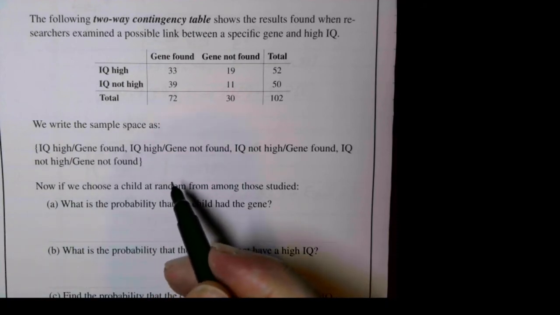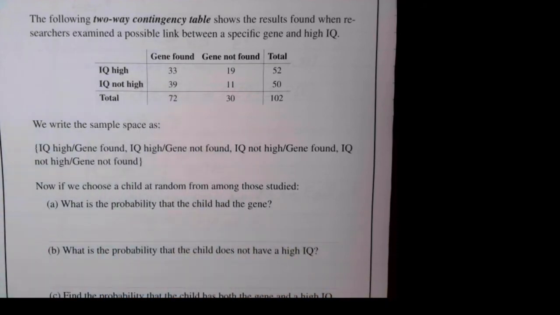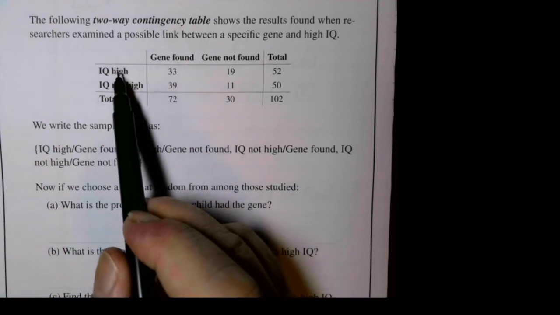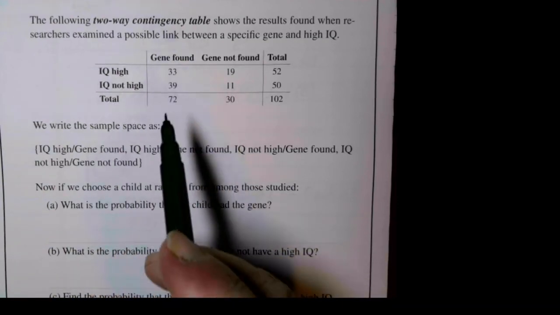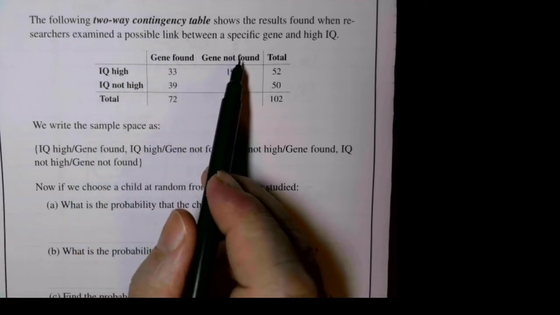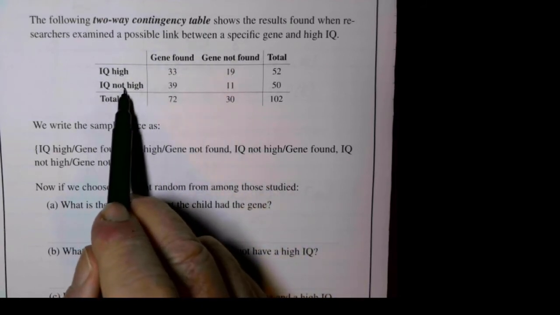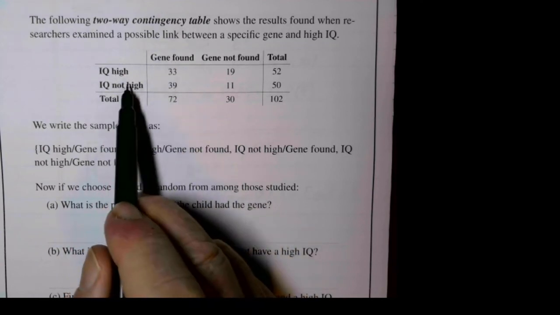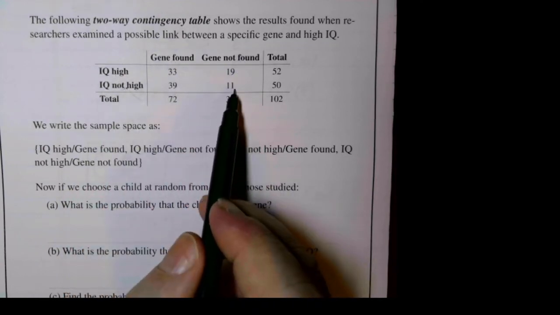First thing is, what is the sample space of this experiment? Well, the sample space contains all the possible outcomes. The possible outcomes are the child had a high IQ and the gene. The child had a high IQ but didn't have the gene. That's 2. The child did not have a high IQ but did have the gene, and did not have a high IQ and did not have the gene.